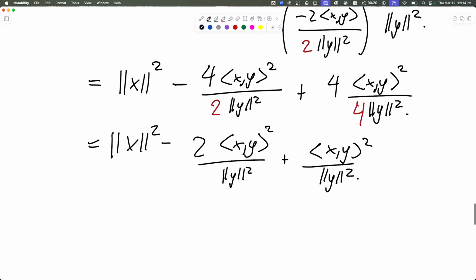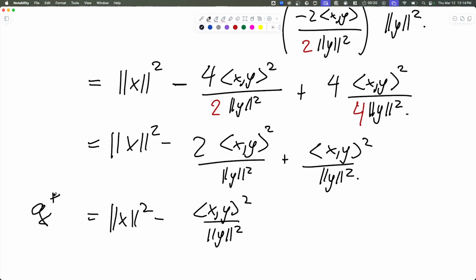So we get the norm of x squared minus xy squared over the norm of y squared. And this is the minimum value, the minimum of the quadratic equation. Let's call this q star. Q star is the minimum value of the quadratic equation.